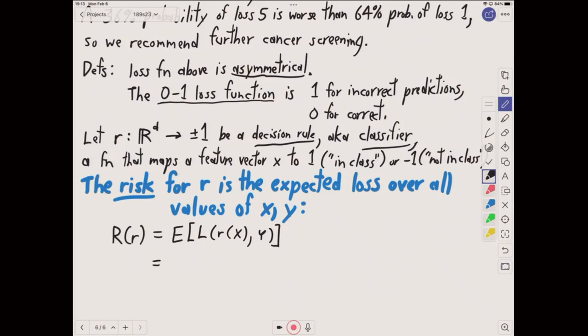Let's write this out in detail. What's the expected loss? Well, it's the sum over little x here. This is the set of all possible values that the random variable big X can take on. Here I'm assuming a discrete probability distribution. We'll do continuous later.